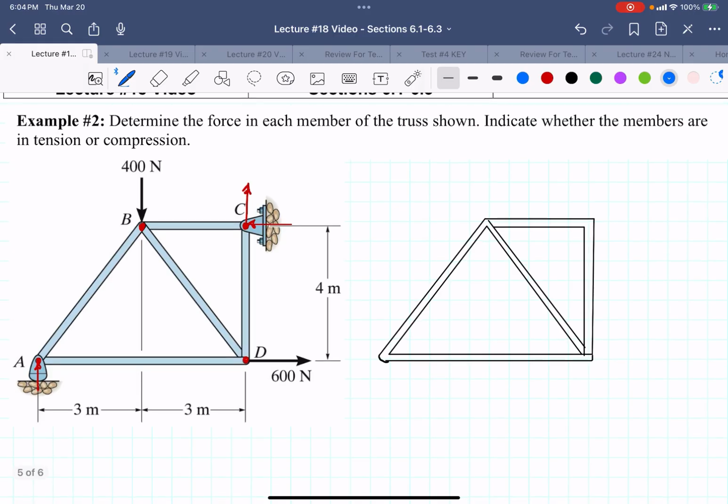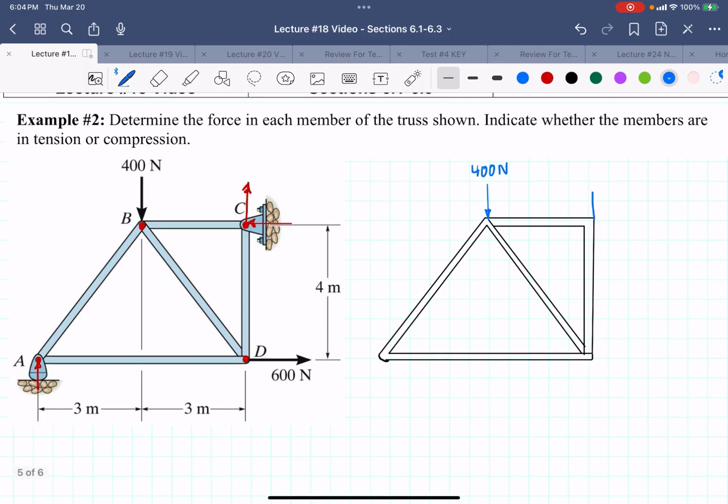So I've already taken the time to draw over here what the picture looks like for my free body diagram of the whole truss as an entire body. I'm going to draw on it my forces. I've got the 400 Newton force going straight down at B. At C, I've got a force in the X direction.